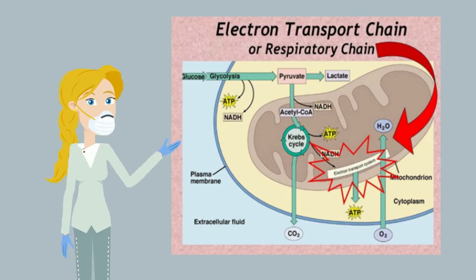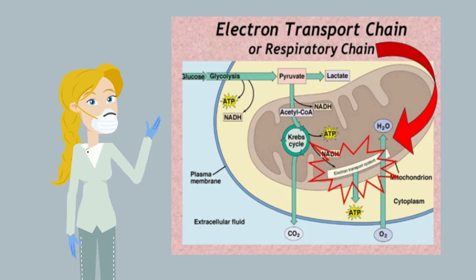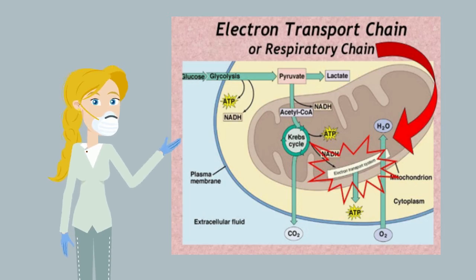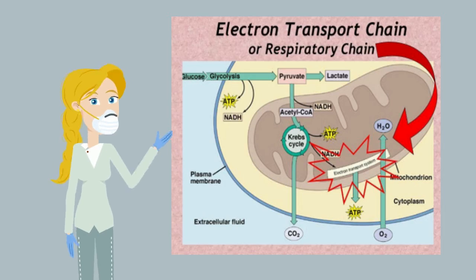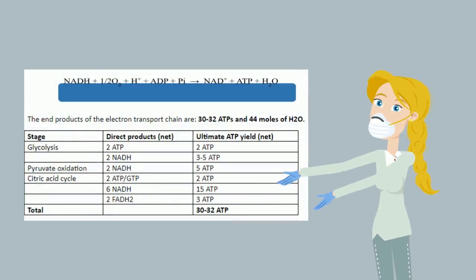Wow, so interesting. Then, the electron transport chain, also known as ETC, will take place after the Krebs cycle. The ETC is located in the mitochondria of a cell with the function to produce ATP. The ETC consists of a series of oxidation-reduction reactions that lead to the release of energy. A summary of the reaction in the electron transport chain is as pictured, where H2O and ATP are the end products.